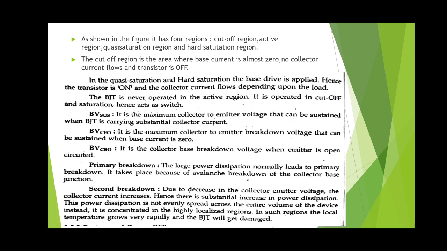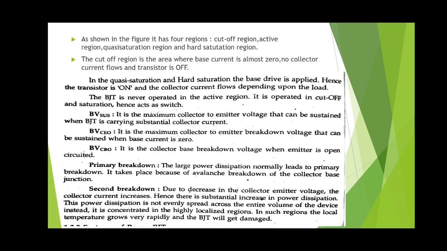The BJT is never operated in the active region, because in the active region the BJT operates as an amplifier. So power BJT is operated either in the cutoff region or in the saturation region. Thus BJT acts as a switch.